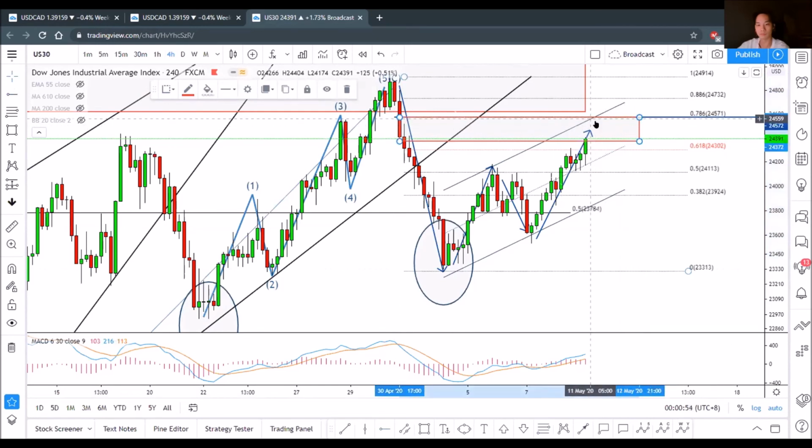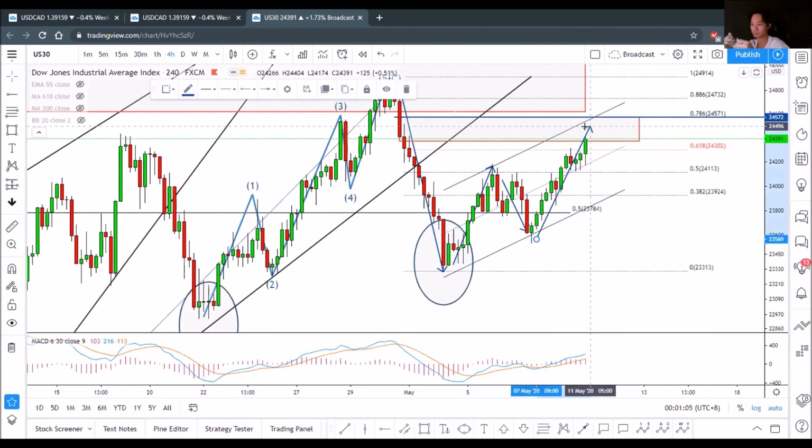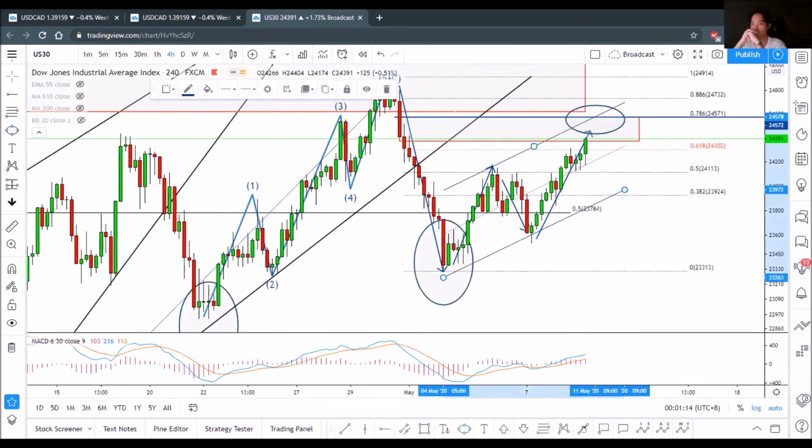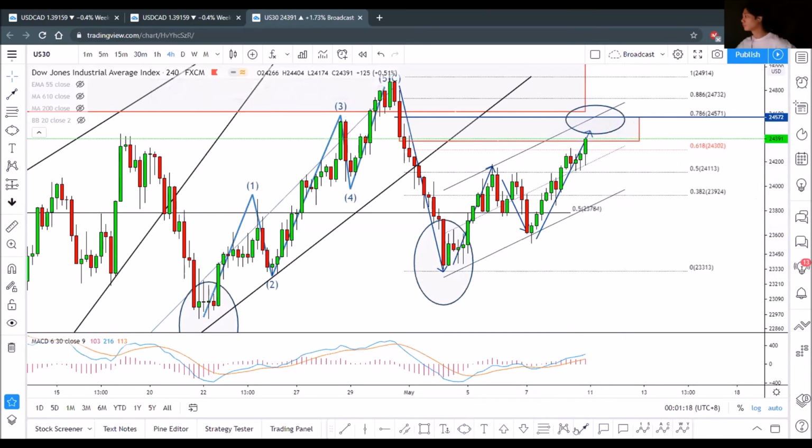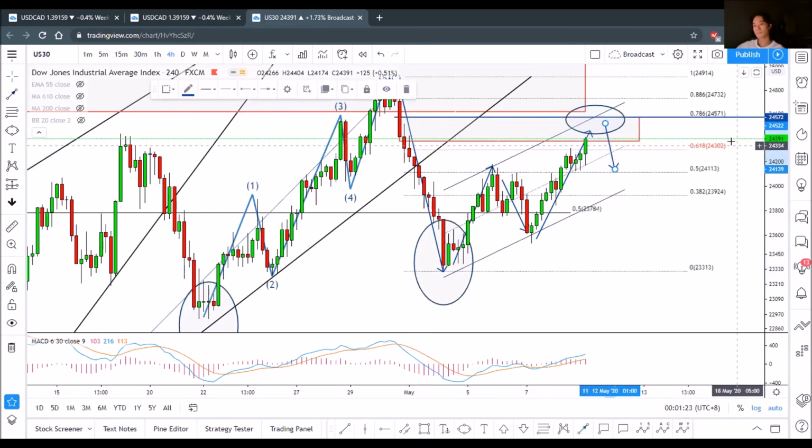And just nicely at the 78.6% level is exactly when this ABCD leg will be completed as well. And therefore, there could be very strong sellers right here. And for me, I will definitely look for opportunity to sell the Dow Jones at this price, and that could be somewhere at 24,570.